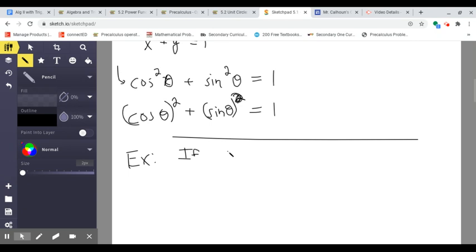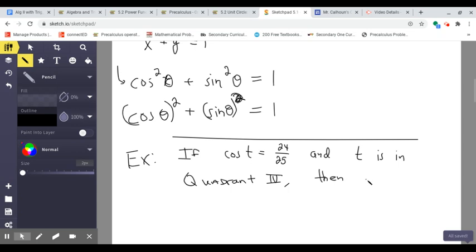If cosine of t is equal to 24 over 25, and t is in quadrant 4, then find sine of t. So that's the problem.